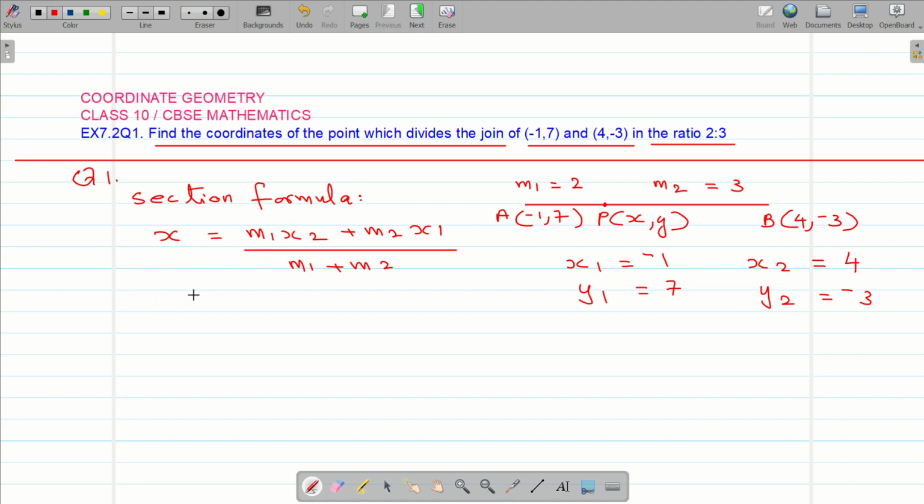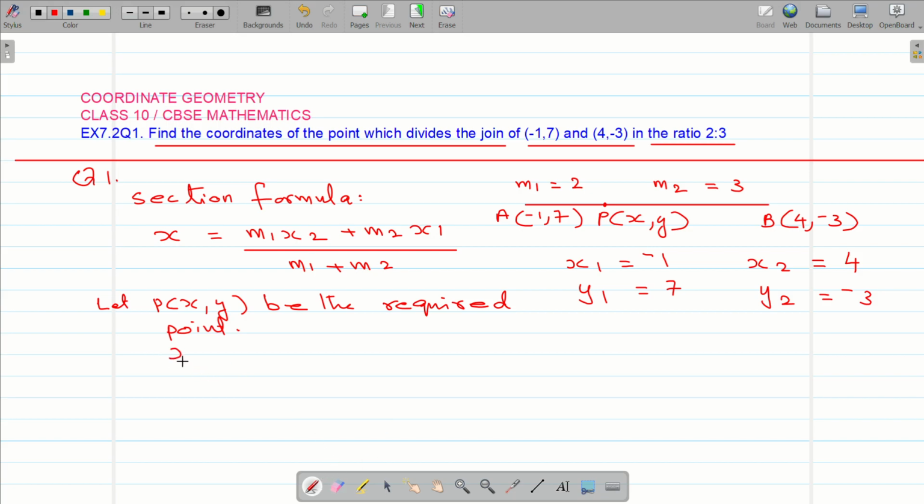Let P be the point which divides the join of -1, 7 and 4, -3 in the ratio 2:3. Let P (x, y) be the required point. So x is equal to m1 x2 plus m2 x1 upon m1 plus m2.